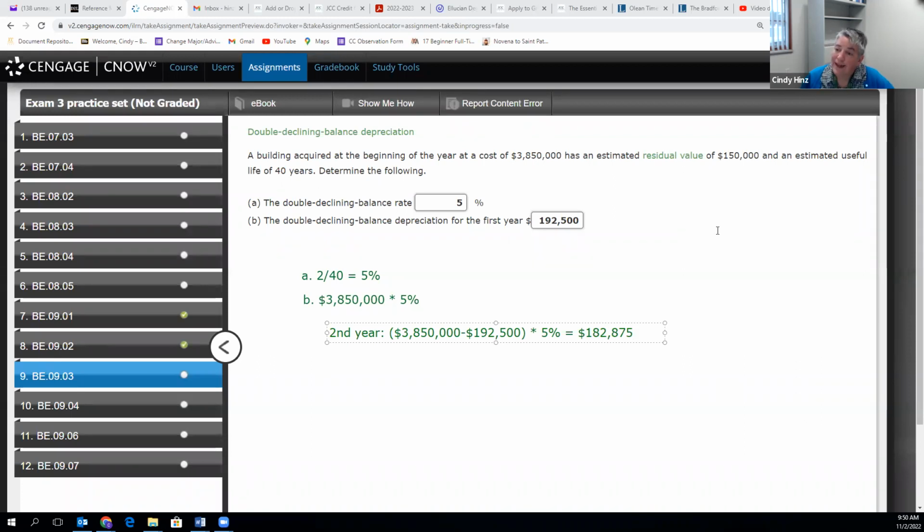So for straight line and double declining balance, the company is able to set up a depreciation schedule for those assets at the time they acquire them, because they can calculate how much they're going to report as depreciation each one of the years that they plan to use that asset. We can't do that for the units of activity method. The only thing we can do is determine how much we're going to record as expense for each unit of activity, each mile or each hour that asset is used.